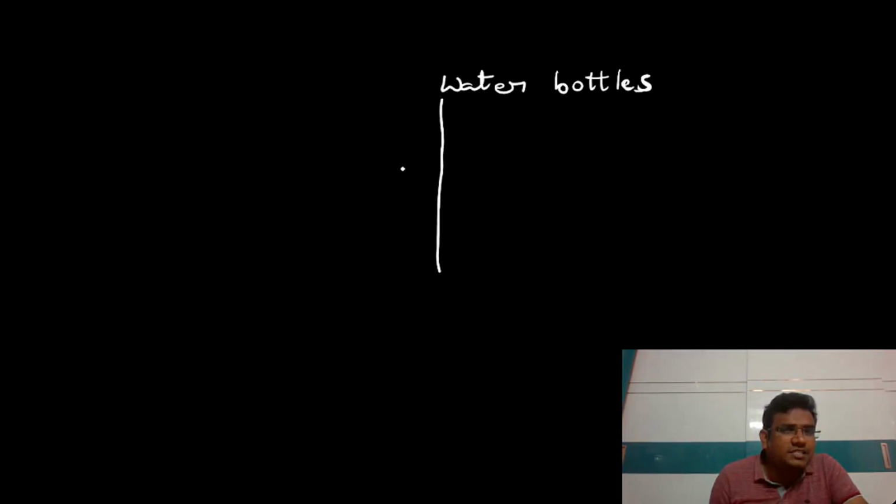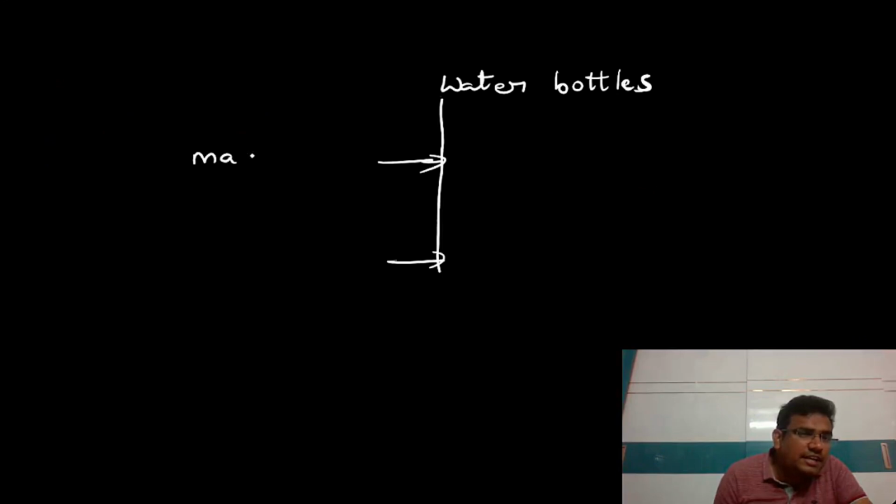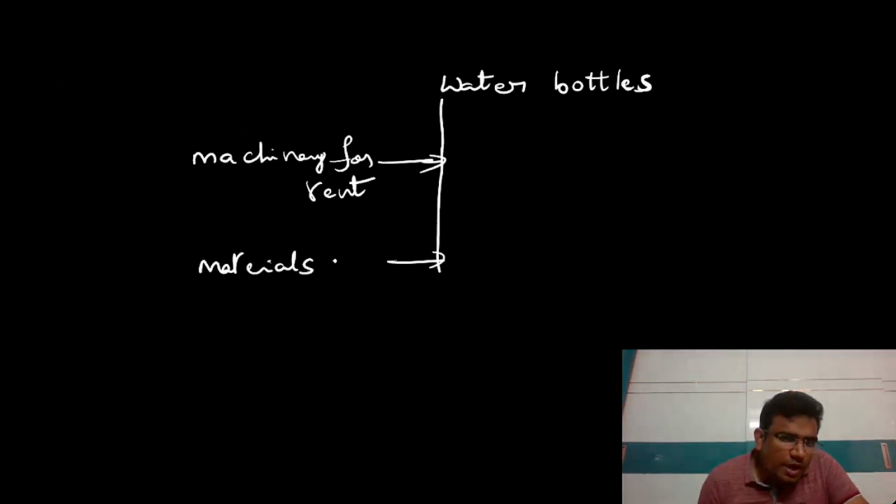So to manufacture the water bottles, I have taken the machinery for the rent, and I require the materials. Of course, manpower will be there, but these two I'm taking as the example.